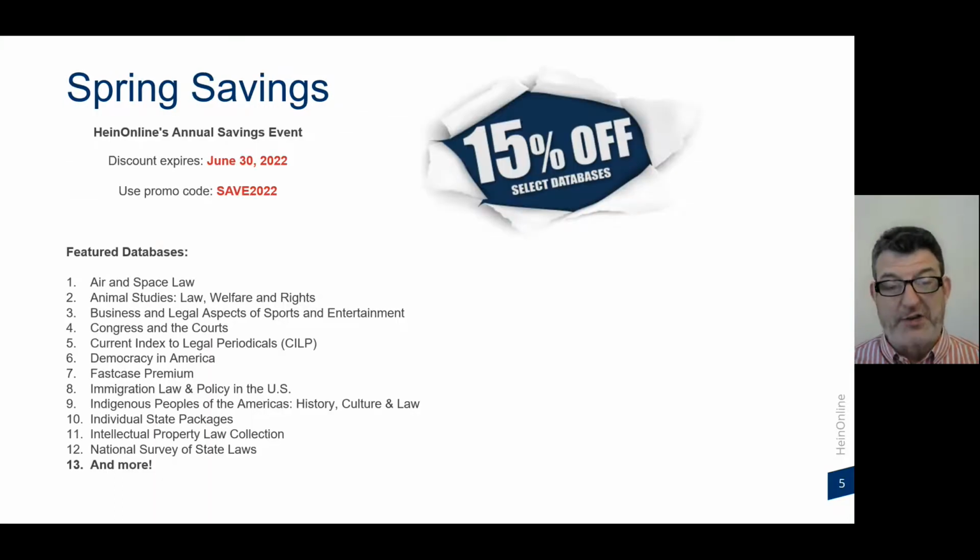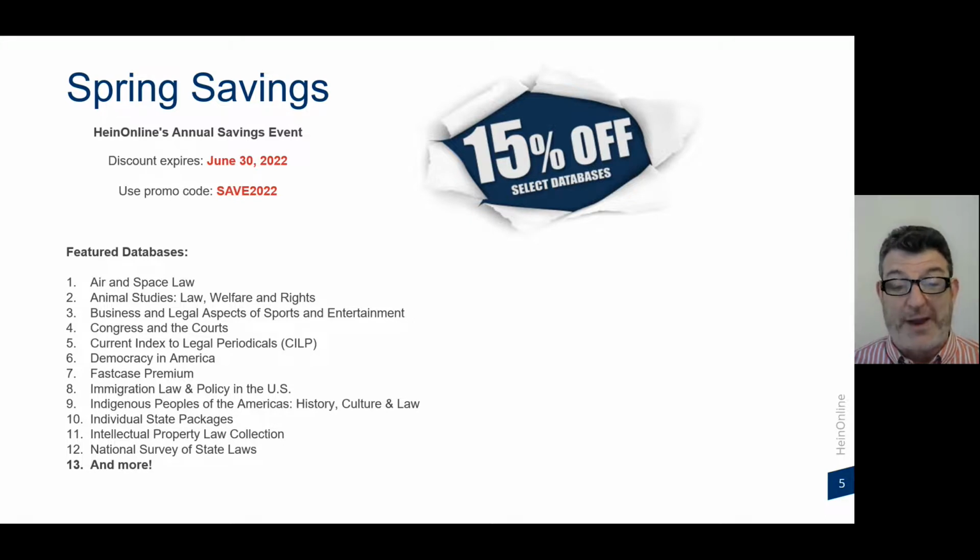Now, in addition to the HeinOnline Academic package that some of you subscribe to, we also have additional collections known as a la carte collections. You may be familiar with the state package, the individual state package collection for Georgia. Yes, we have that available. We also have the Fastcase Premium product available that some of you subscribe to.